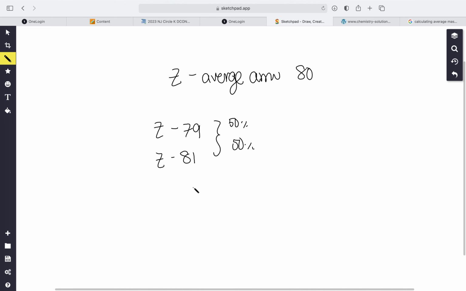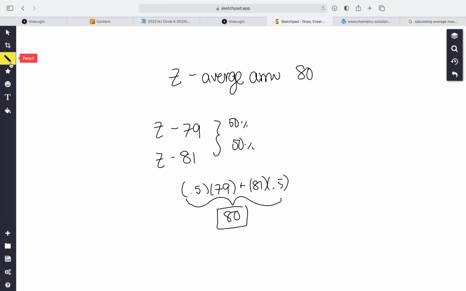If we were to do 0.5 times 79 plus 81 times 0.5, we would get 80.